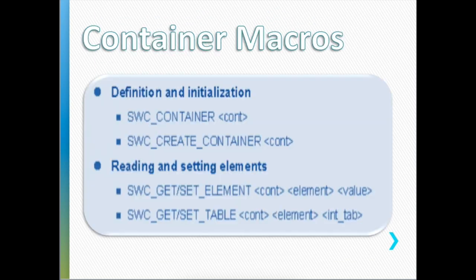And container macros: how can you define them, and how can you get or set the value? These container elements are like method fields. In the method, you define certain import parameters or export parameters; these we can call a container.